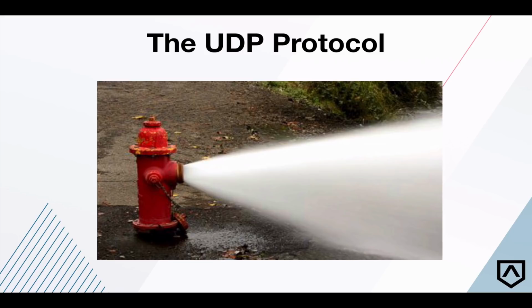And so that's how the UDP protocol works at a very high level: it cares much more about volume, and it doesn't care so much about the client actually receiving all of the packets that it sends out.